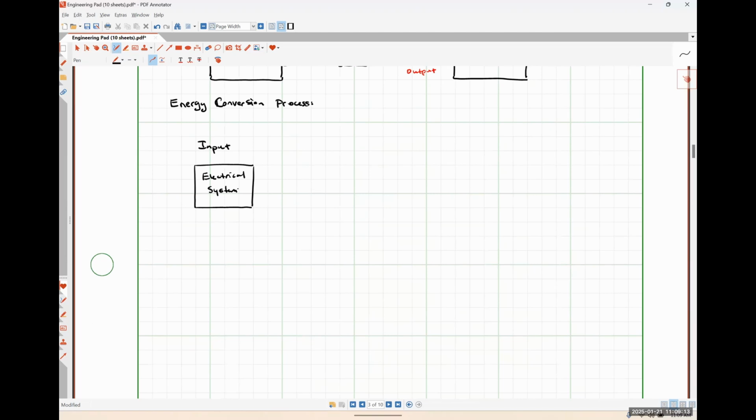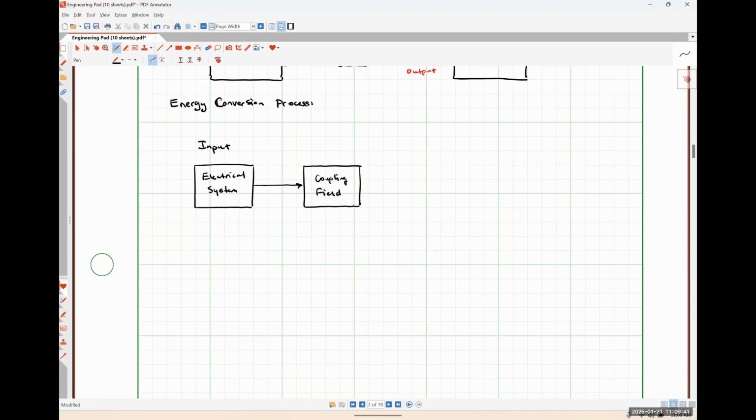As an intermediate step, and this is really the key to electromechanical energy conversion, we're going to have what's called a coupling field. Okay. So this is either going to be an electrical field or a magnetic field.